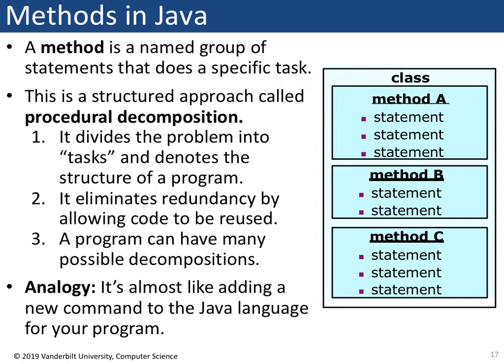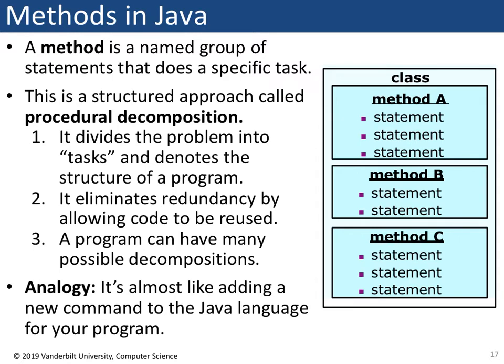This will eliminate redundancy by allowing code pieces to be reused in multiple situations. Now, it's important to understand that for any given task, there are multiple possible decompositions. Some are better than others, but there are situations in which multiple decompositions are equally valid.